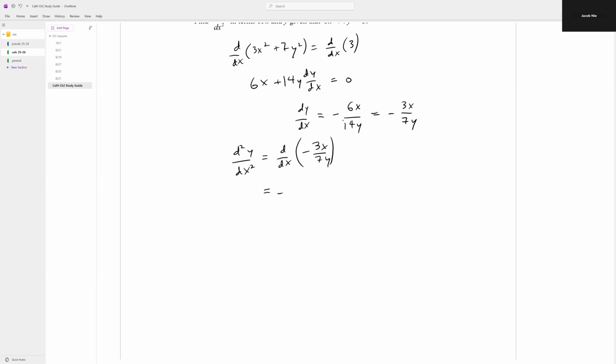The negative comes to the outside, and then low d high, so that's times 3, minus high d low, which is 7 times dy/dx, all over low squared, 49y squared.